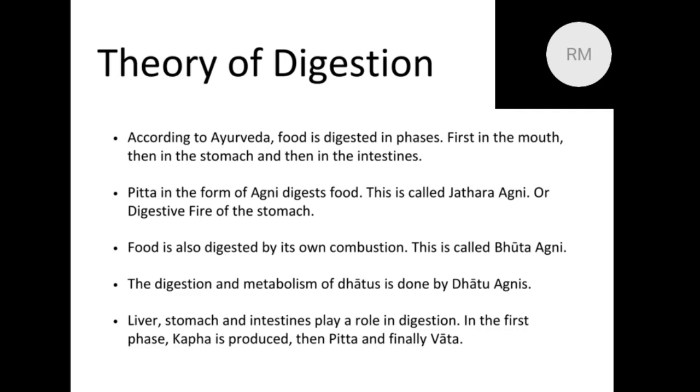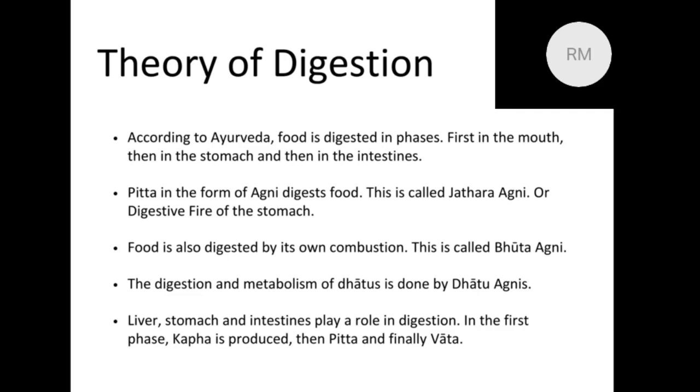And how many Dhatu Agnis are there? 7. Yes. So we have 13 Agnis in all involved in digestion.